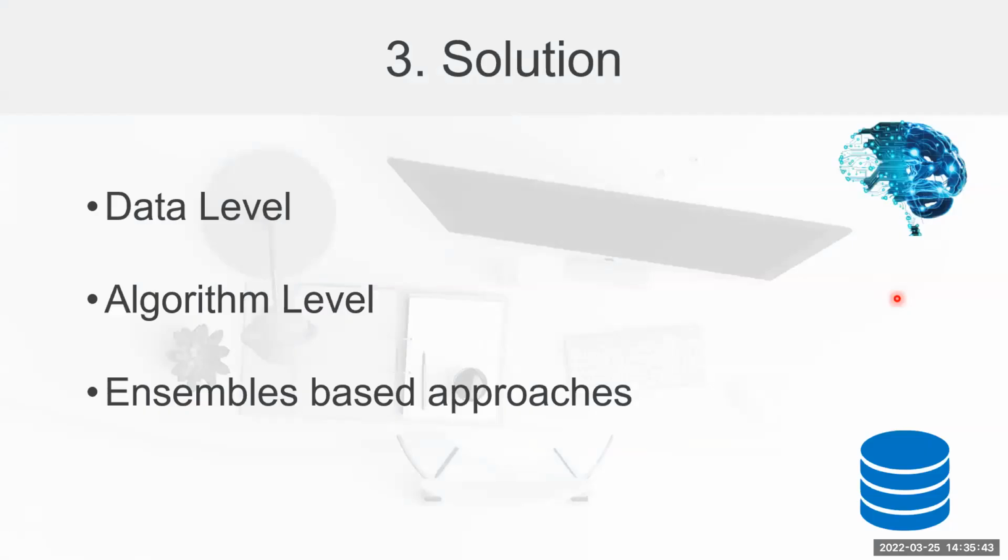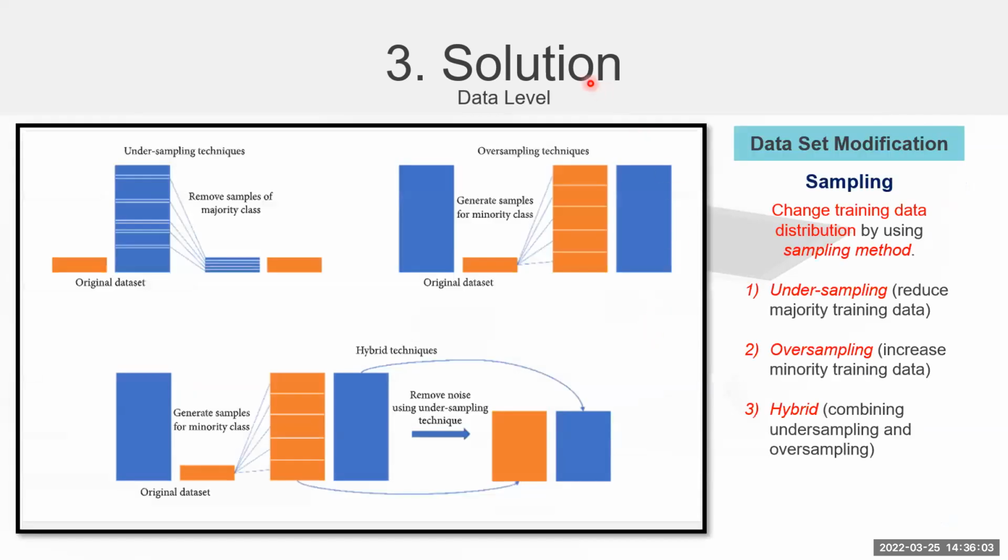Okay, so what is the solution for the imbalanced class? We have three methods: the data level, the algorithm level, and the ensemble-based approach. What is the data level?